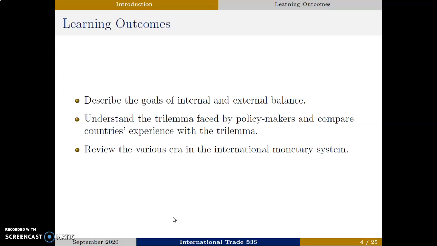After this chapter, you should be able to describe the goals of internal and external balance of macroeconomics. Second, you should understand and apply the macroeconomic trilemma that policymakers face and compare the experience of countries with this trilemma. Third, you should be able to review and compare the various eras of development in the international monetary system with regard to internal and external balance, as well as within the framework of the trilemma.